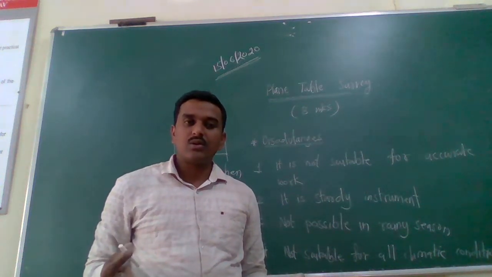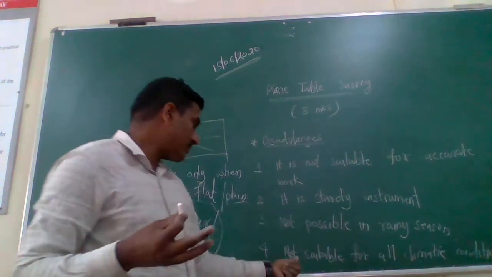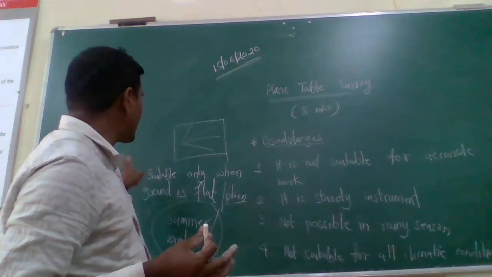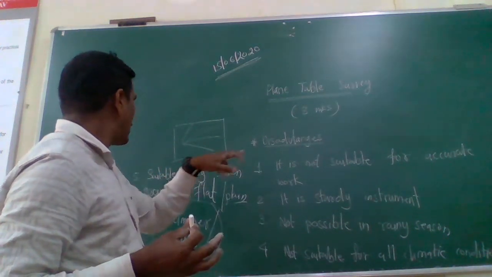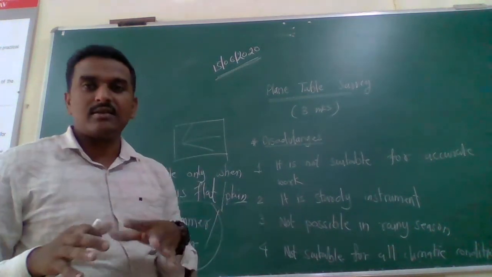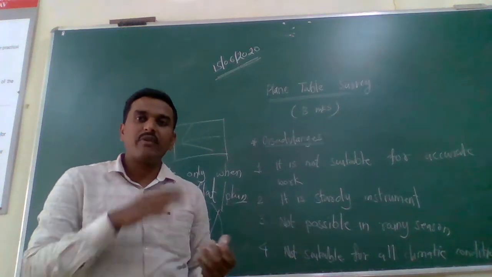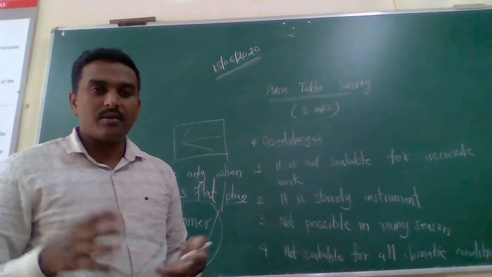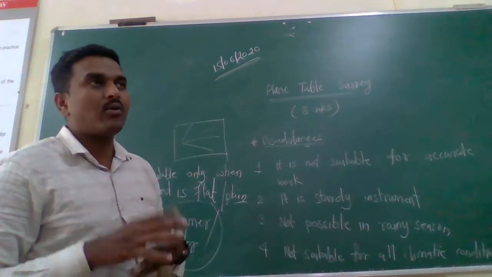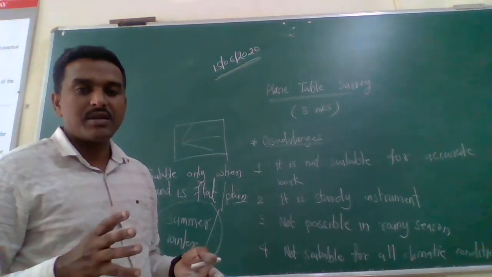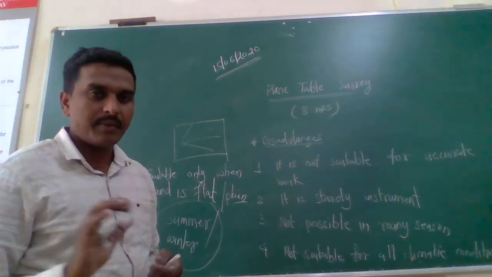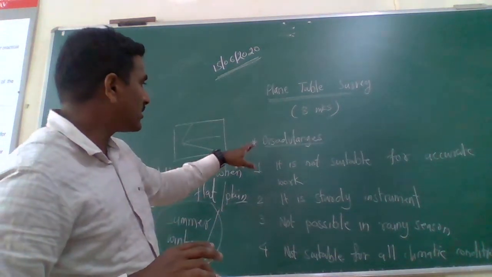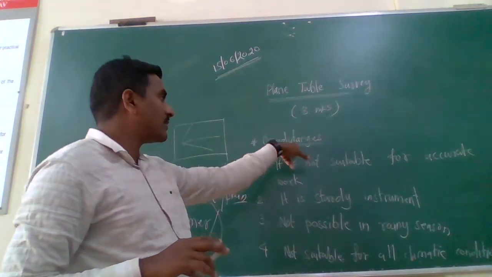So that will be the limitation of the plane table survey. And the last one is it is not suitable for ground which is occupied by certain valleys or peaks, the mountainous region. In mountainous region, plane table survey is not possible. So these are disadvantages of plane table survey.